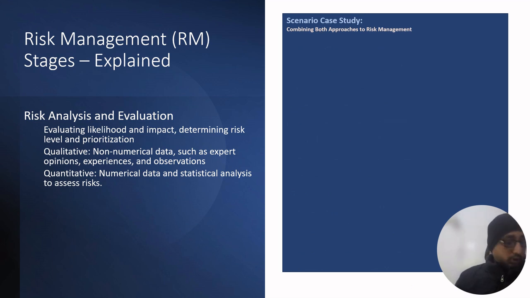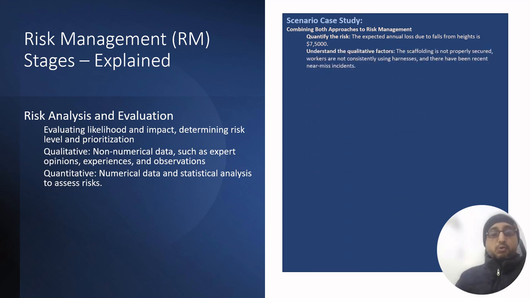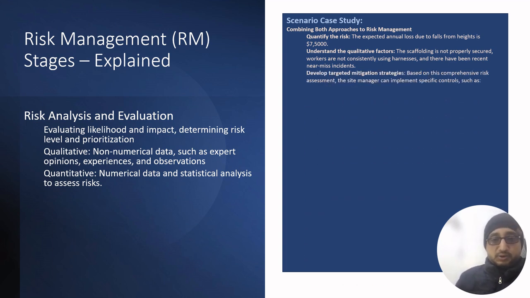Okay, so now I hope you have a good understanding of both of the approaches. Now let's learn how we can combine them practically. From the quantitative analysis, we learned the total expected annual cost of the incident was $75,000. And from the qualitative analysis, we learned the scaffolding is not secure, people are not using harness, and lastly, there were two near misses. So let's see how we develop the strategy to control it.